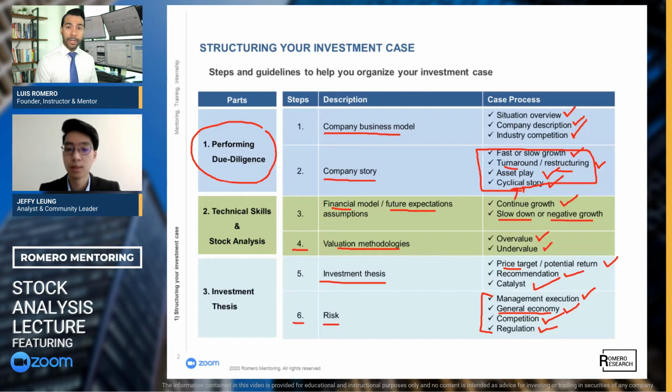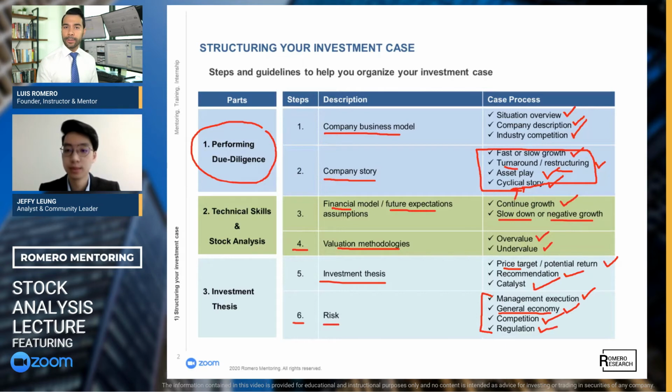Now, when you look at a final product, what does that look like? What is a presentation in the sense of what other professional analysts are doing on Wall Street if they're working at a hedge fund and they're coming up with their own investment thesis and pitching it to portfolio managers? So we're going to go through that on Zoom, and we're going to show you what the slides look like. And of course, Jeffrey, you can weigh in on some of this and then give us your perspective on the company and the situation.